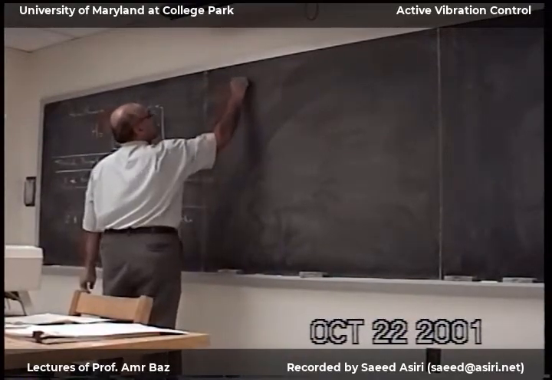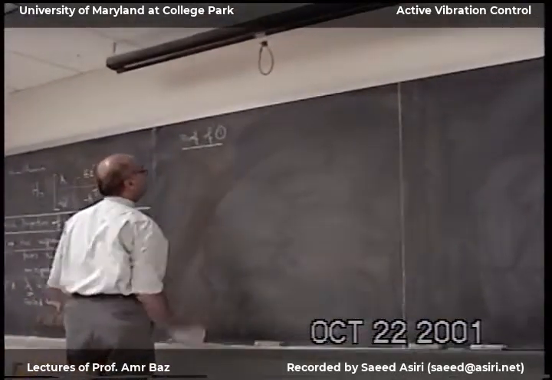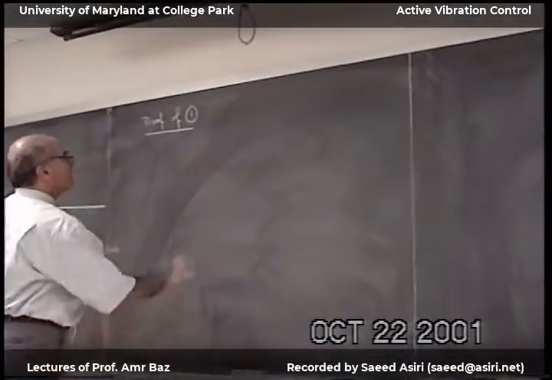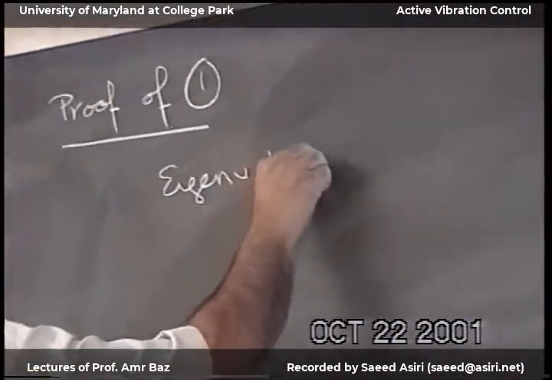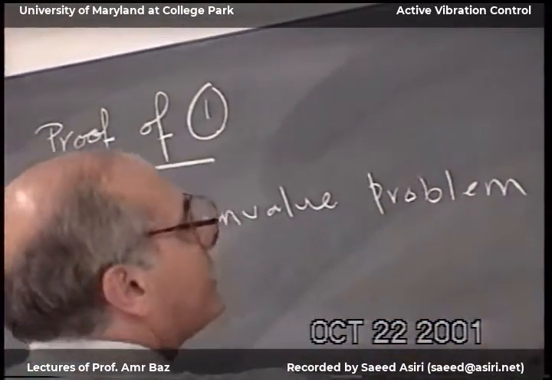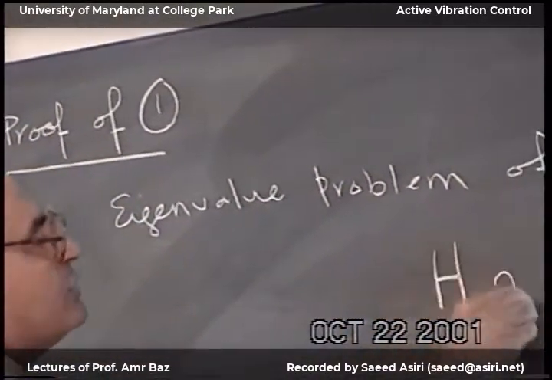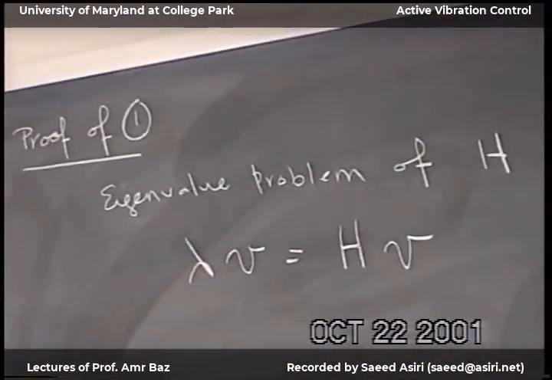First proof. 1. The eigenvalue problem of H, I can write it like this. H v is equal to lambda v.